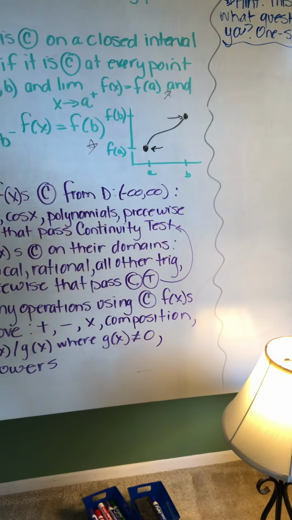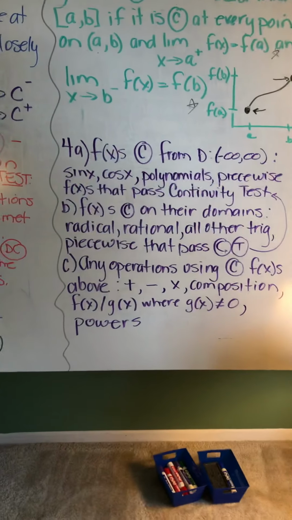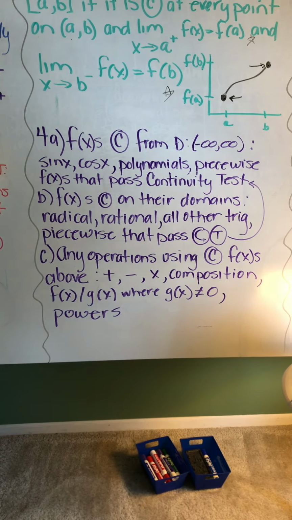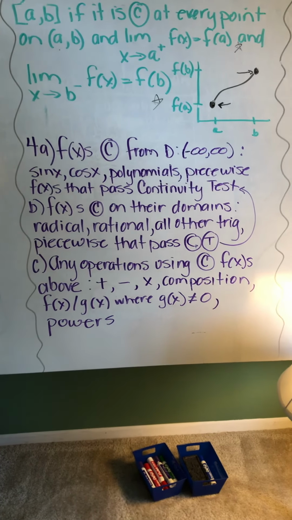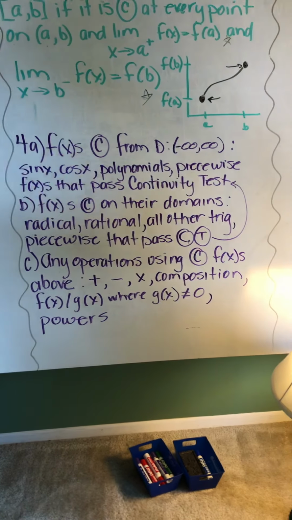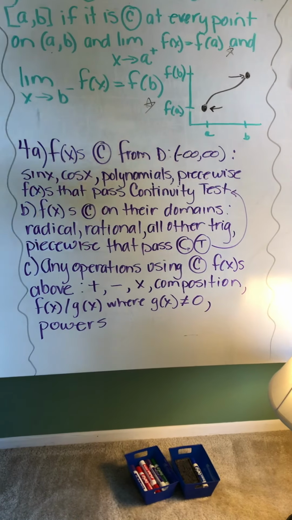You obviously can draw this picture continuously, but to bring the limits in, they had to be very picky about how they set it. 4a, functions that are continuous on the domain from negative infinity to infinity. That would be sine, right? Sine looks like this. Cosine also looks like this, from negative infinity to infinity.